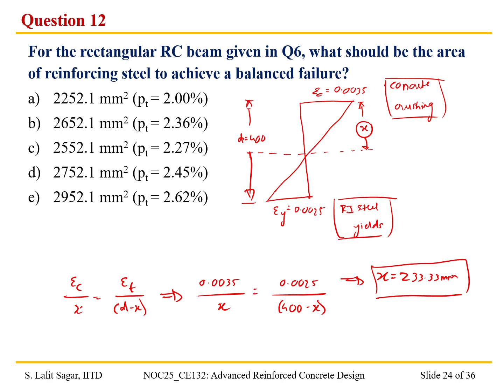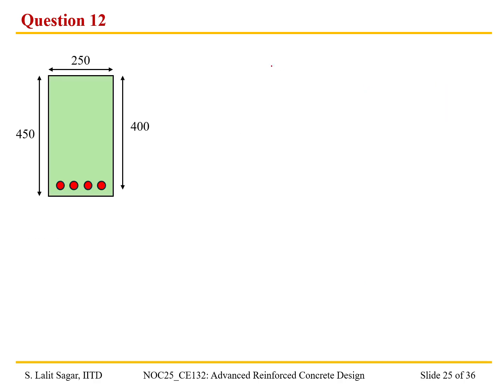Now we know the value of x, and we know that for any cross section to be in equilibrium, the resultant compressive force Cc should be equal to the resultant tensile force, that is Ts. Now let us go and find out those values, right? Now we have x is equal to 233.33 millimeter.